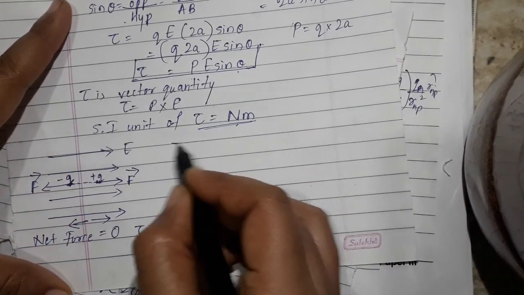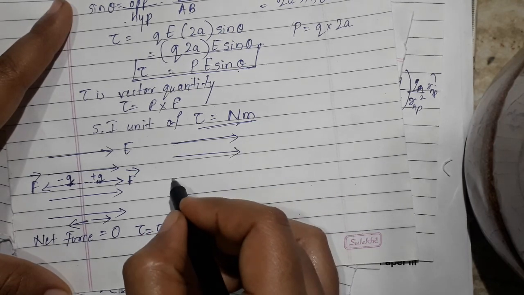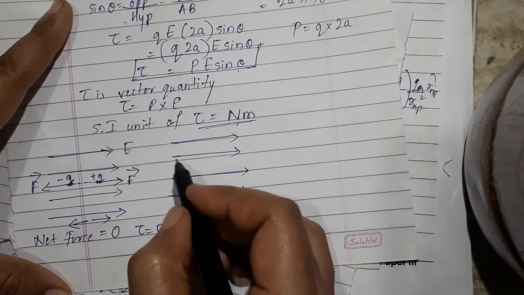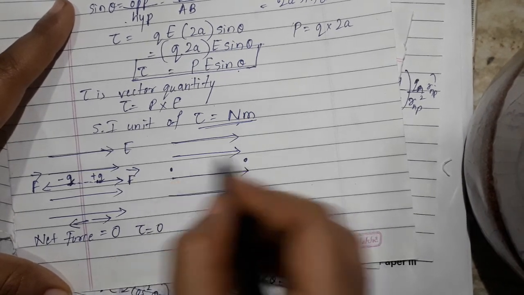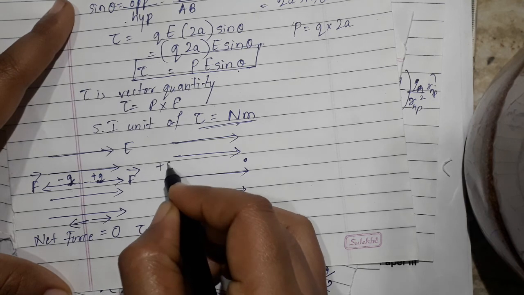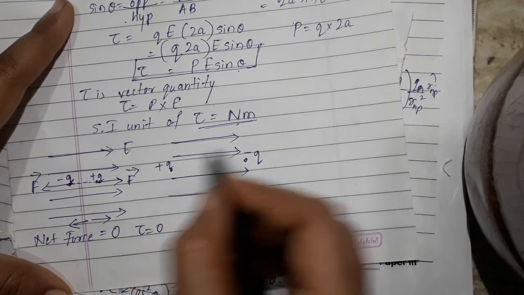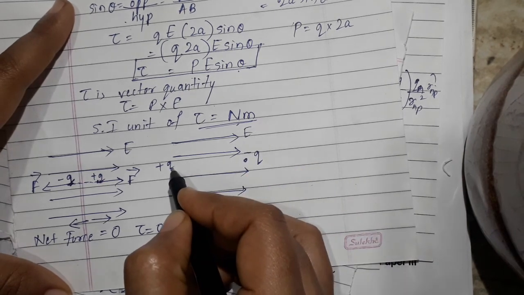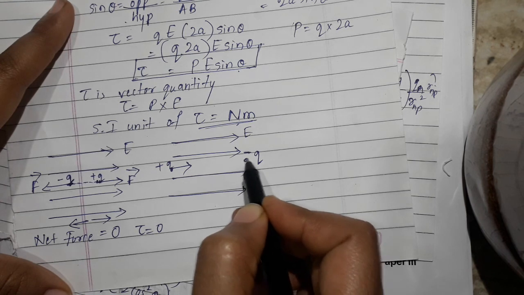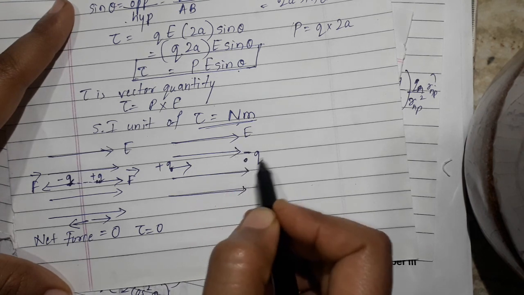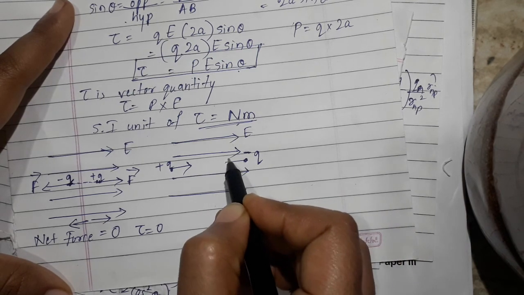Let us consider another example. If the dipole is kept a little farther away, with a plus q charge and a minus q charge, the plus q charge will move in the direction of the electric field lines, and the minus q charge will move opposite to this direction.